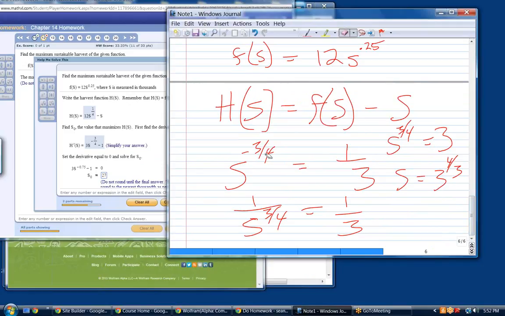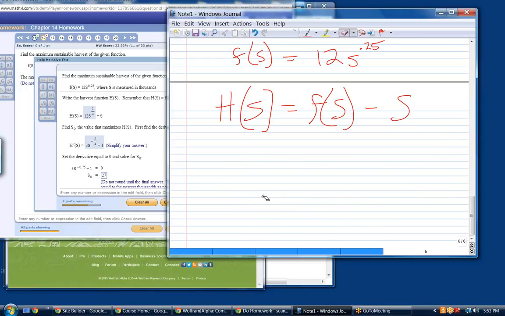Okay, here's the problem I had. The derivative was 3s to the minus 3/4 minus 1 equals 0.